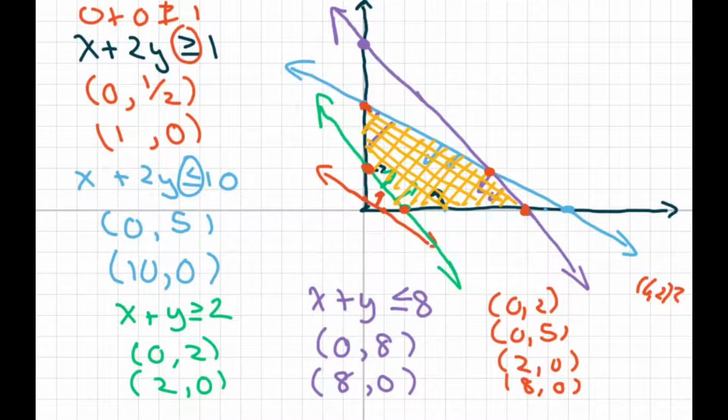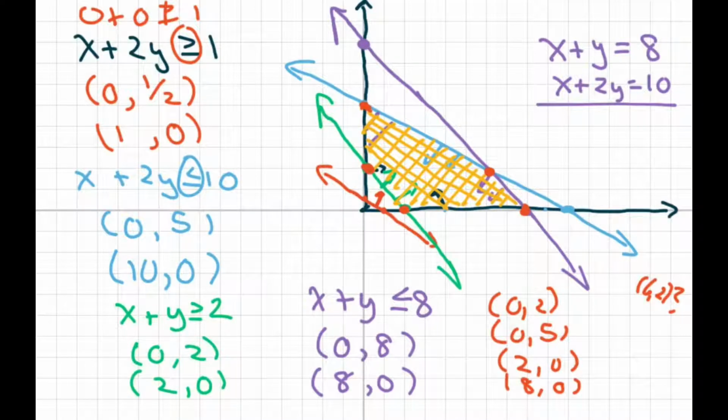But I'm going to do a system of linear equations with my purple and blue lines. My purple one was x plus y equals 8. And my blue line was x plus 2y equals 10. Now if I subtract both of these, the x cancels. y minus 2y is negative y, and 8 minus 10 is negative 2.